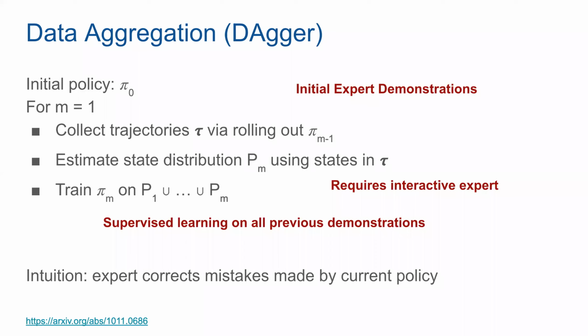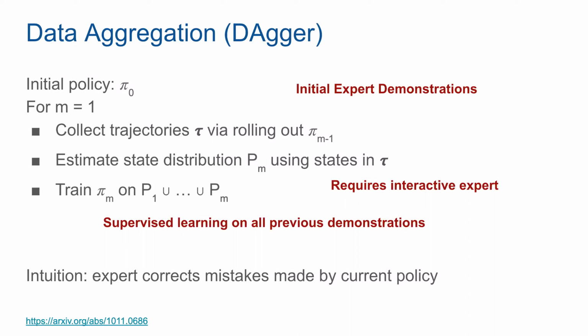So for m equals 1, this is exactly behavioral cloning. For m equals 2, we roll out the policy that we learned from behavioral cloning, pi sub 1, in the environment, and then we ask the expert to give feedback on every state. On every state in the rollout, we ask the expert to say, what would you have done in that state? And then we train on that. That's the third bullet point.